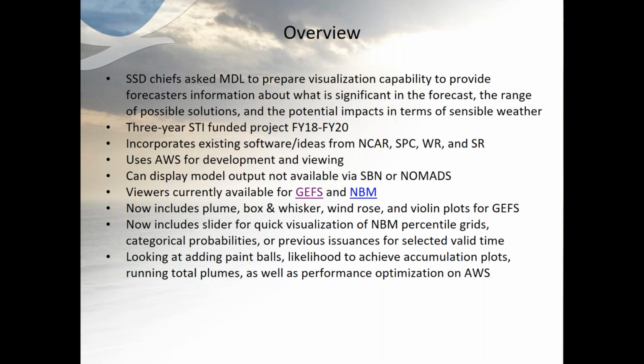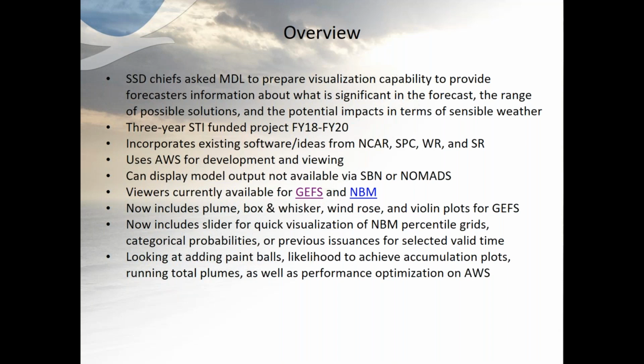So there are 2 hyperlinks. The viewers are currently available through those 2 hyperlinks. We now include plumes, box and whisker plots, windroses, and violin plots for the guests. And we have a slider for quick visualization of the MBM percentile grids, categorical probabilities, and previous issuances.